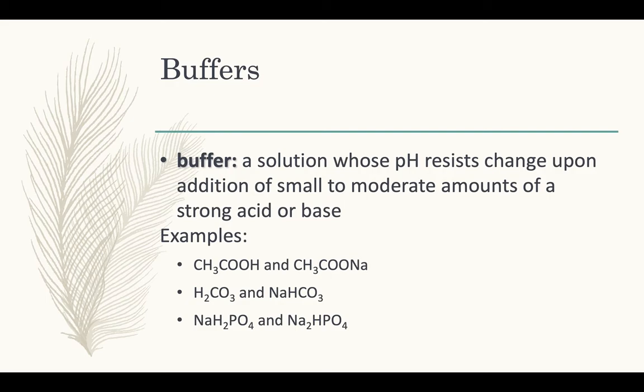So now we move to the importance of buffers. What's the importance of buffers, especially in biological systems? Since biochemical processes are sensitive to small changes in pH, we need to control and monitor pH, especially when we're conducting biochemical experiments.